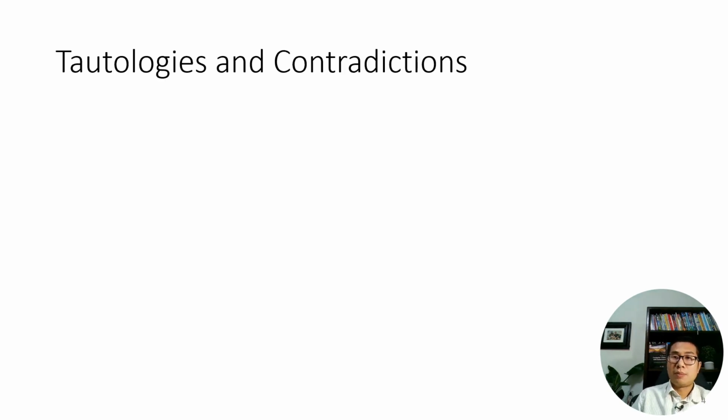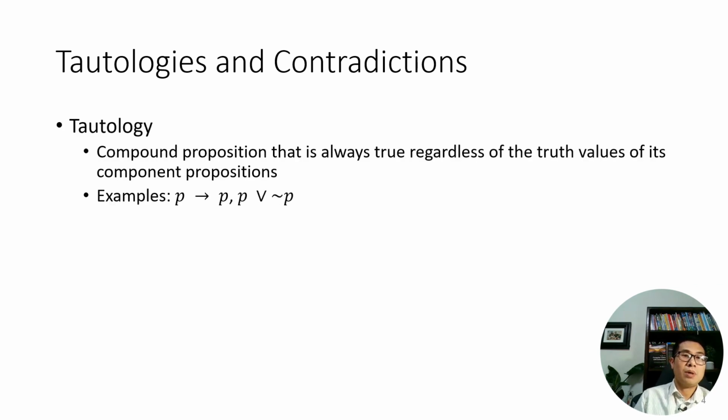Then the next terminologies that we should learn are called tautologies and contradictions. So a tautology is a compound proposition that is always true regardless of the truth values of its component propositions. Why do we need to study this one?